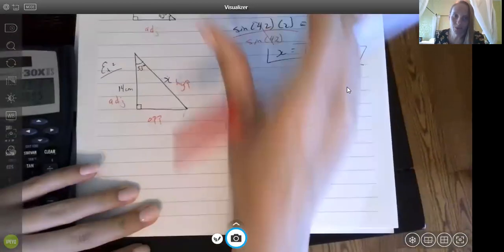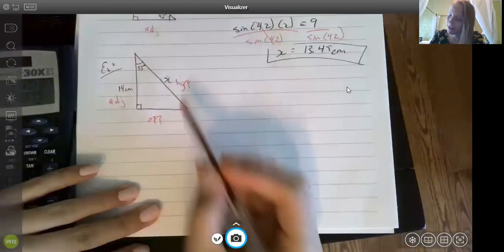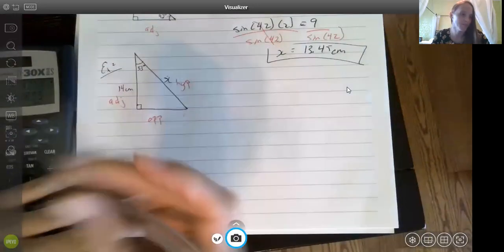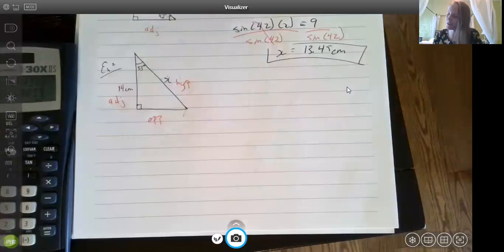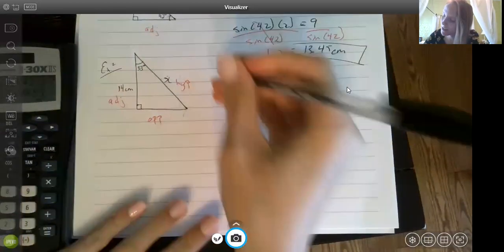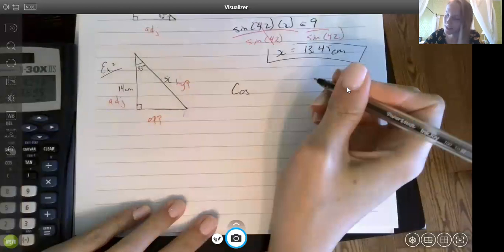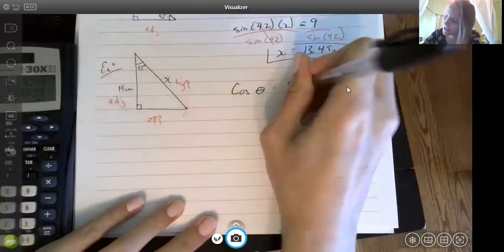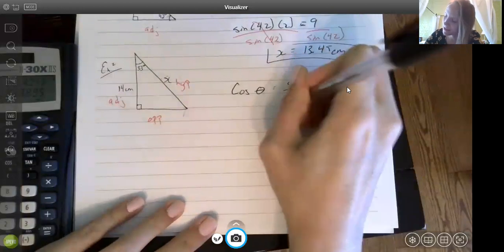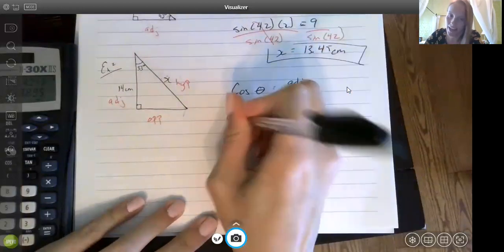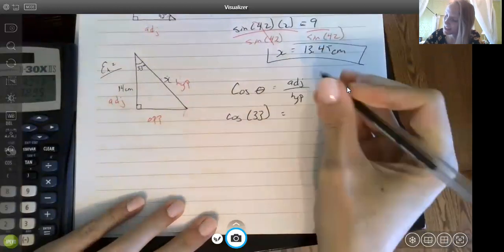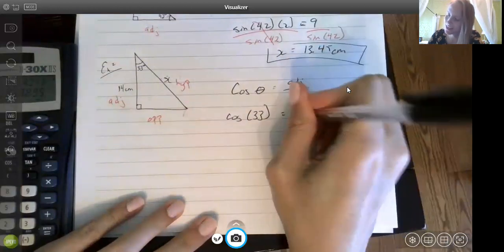So this time, I have my adjacent side and I'm looking for the hypotenuse, which means I need to switch over to using cosine because the cosine of an angle is adjacent over hypotenuse. So I'll plug in my angle of 33 degrees and my adjacent side of 14.